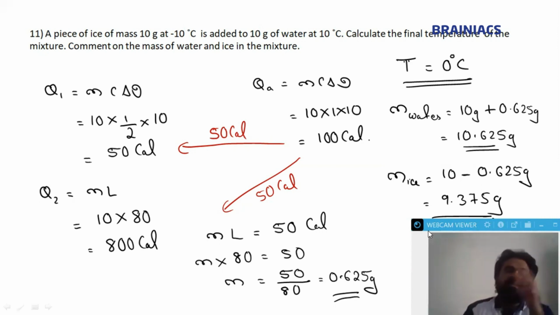Then we will come and see the next step on this side. For ice to become completely into water, how much is required? 800 calorie. Can the other side supply this? No. No means how much they could supply, only that much will be utilized here. Only that much temperature change or that much phase change will happen. So that is the logic of doing this kind of problems. Okay, clear or what?